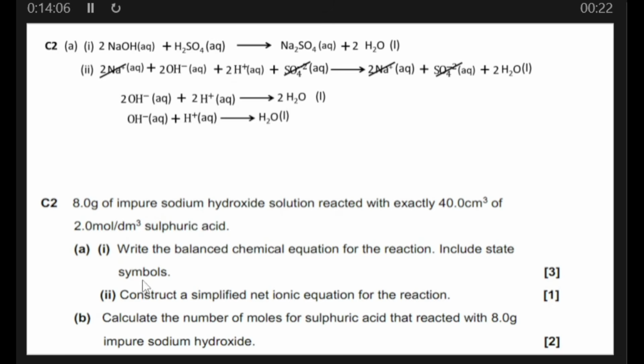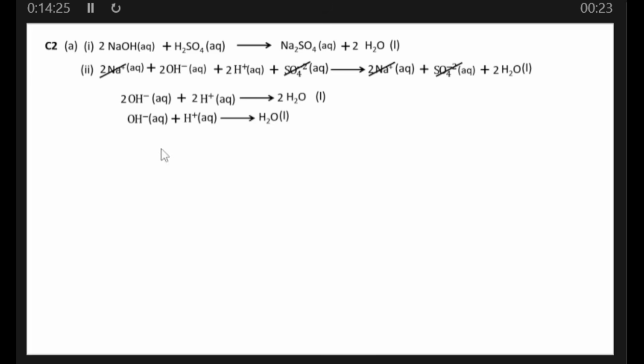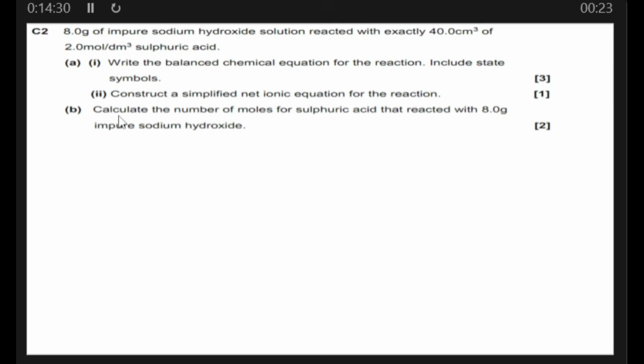So we are going to move to B, where they're saying calculate the number of moles of sulfuric acid that reacted with 8.0 grams impure sodium hydroxide.